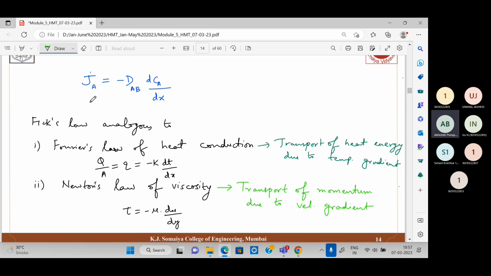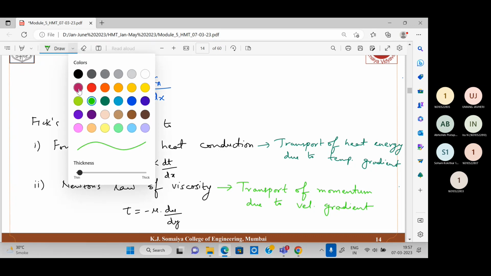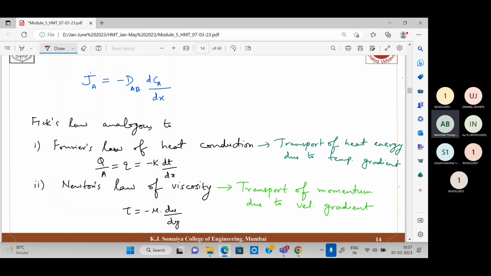And Fick's law represents mass transport due to concentration gradient.